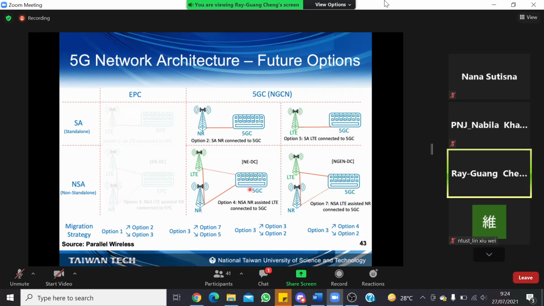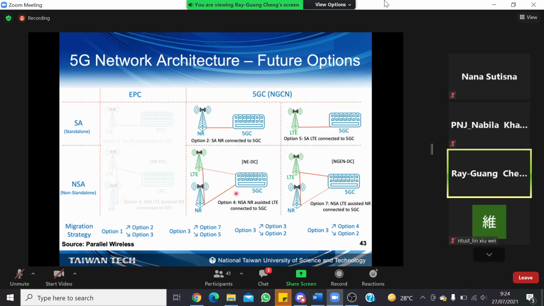You can also have a 5G core network to connect both 5G and 4G base station. This is referred to as NSA. They can have option 3.